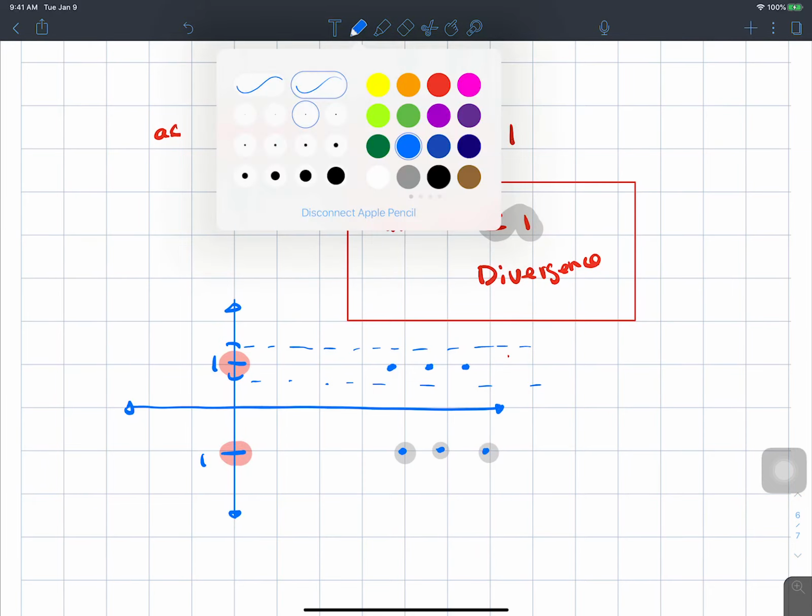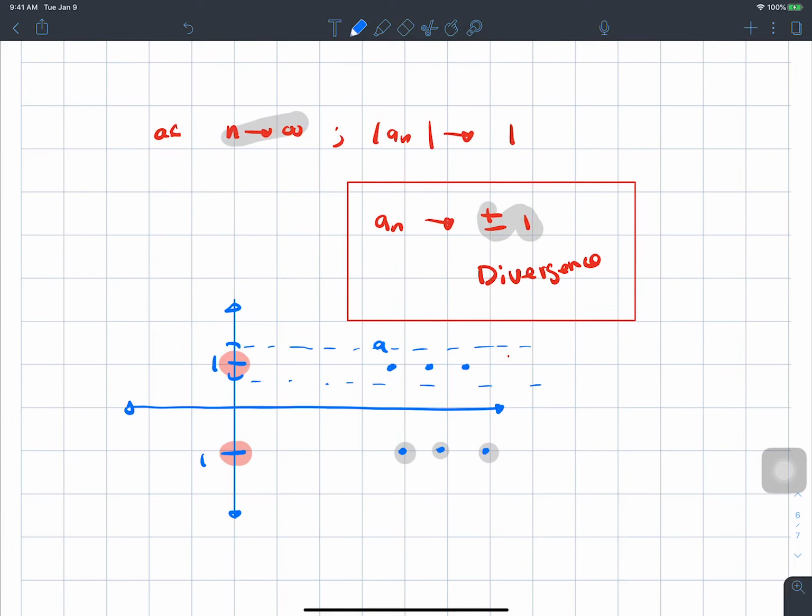This could be, for example, 1,000 at n equals 1, 1,000 at n equals 2, 1,000 at n equals 3, 1,000 at n equals 4, 1,005. It's alternating between two numbers. We can't have an epsilon neighborhood that captures every term of the sequence eventually. Well, this is another example of what we say is a divergent sequence.